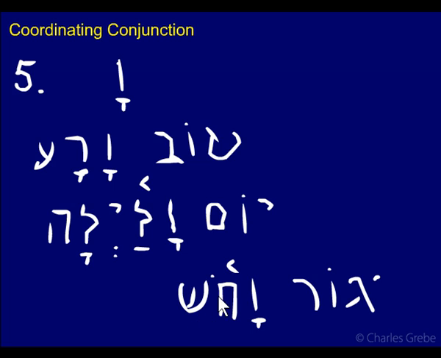This time I'll just put one dot because you have a shin with a holem. Cho, shech. Or vachoshech. So again, both conditions: vav immediately preceding a tone syllable and a paired word, light and darkness. So that's the fifth condition, the fifth case.